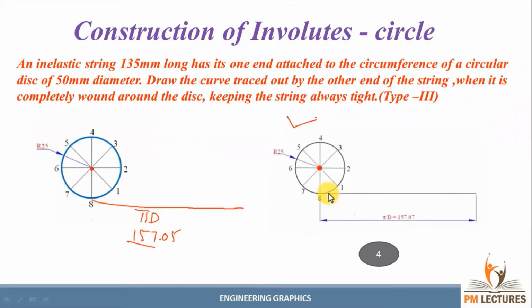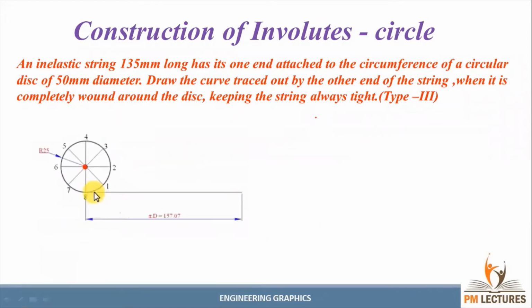Okay. So after drawing this, from the eighth point, in this horizontal line, we need to divide this horizontal line into 8 equal parts, but the magnitude of this line is 157. It's difficult to divide, so we can follow the any angle inclined line method. So from this point, that means in the eighth point, we need to draw a line at any angle.